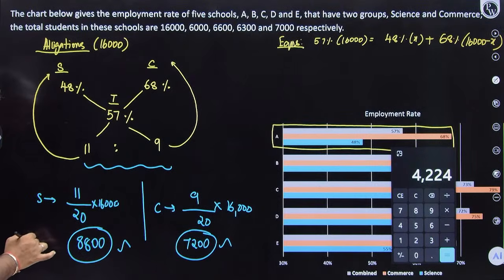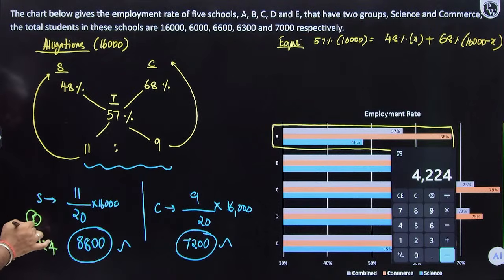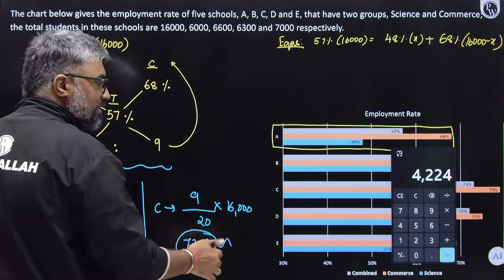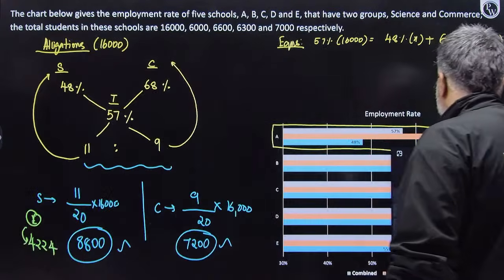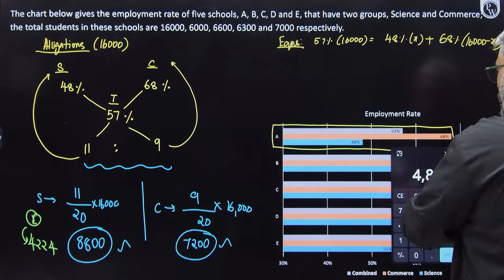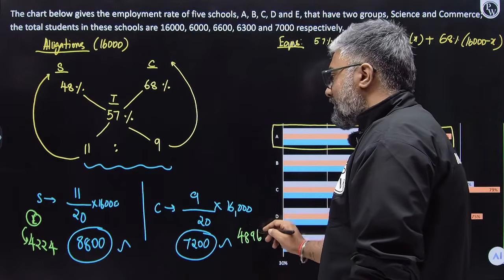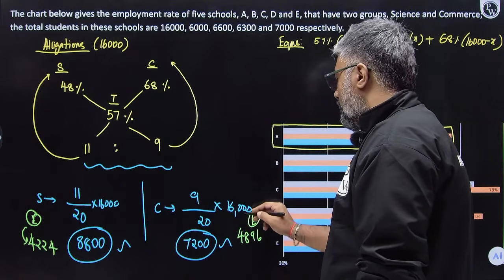So 4,224 students are employable. Same way here, 7,200 is how much? 68%. So 4,896, out of this 4,896 students are employable. Got it?